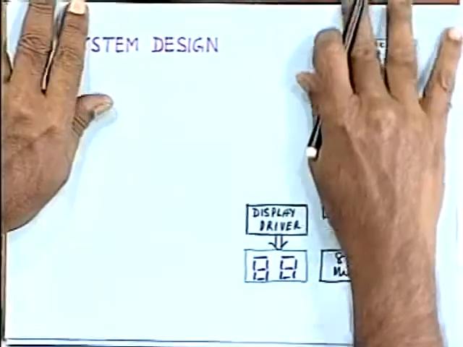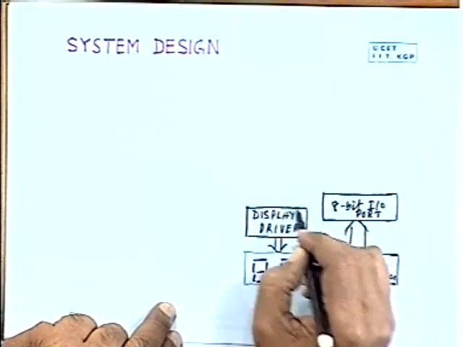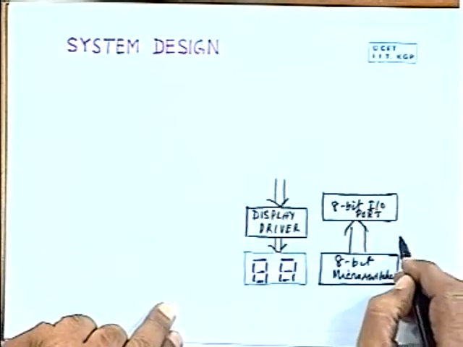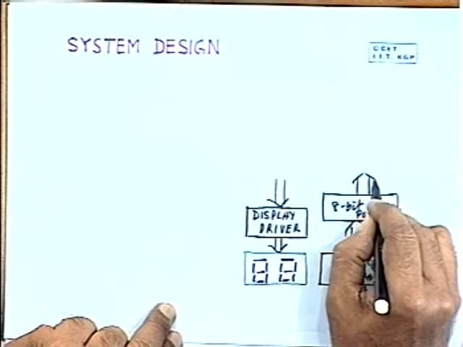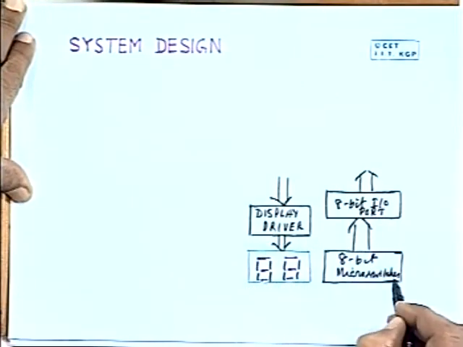And obviously this will also come from the microprocessor. That means it has to be interfaced to the system bus of the microprocessor, and this will be input to the microprocessor. And then these are for inputting the temperature, and this is for displaying the temperature.